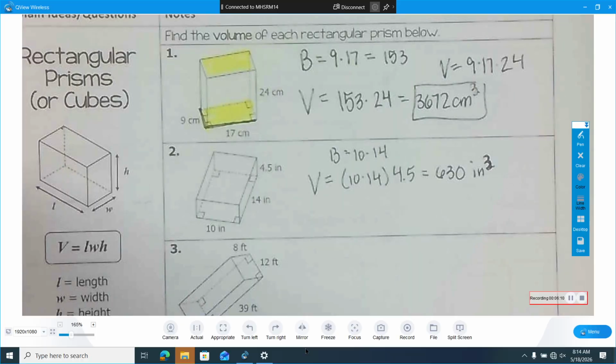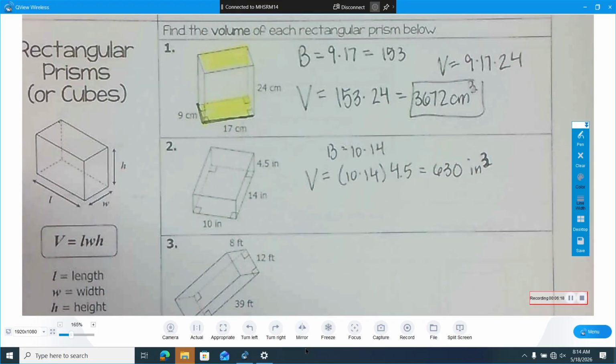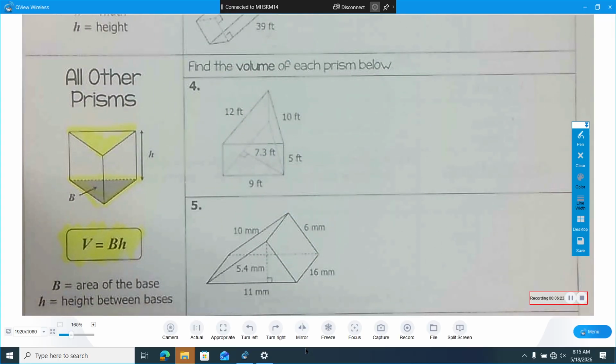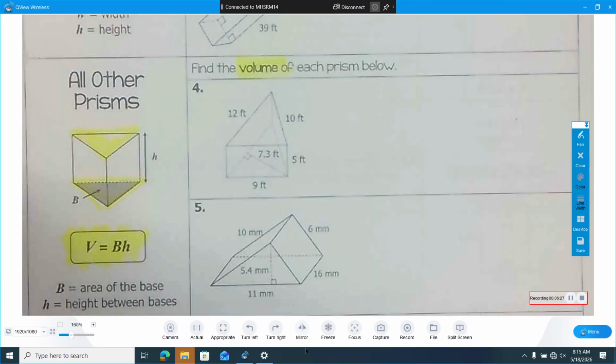So length times width times height you can totally use, or just big B times height, which we're going to get more practice on here. Looking at all other prisms, again, we want to find the volume, and volume is area of the base times the height between bases.